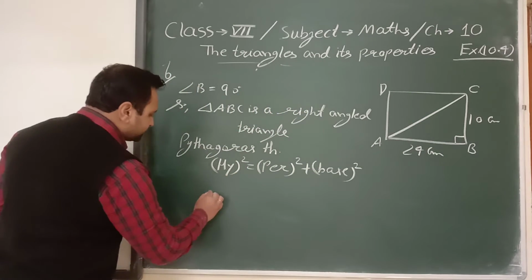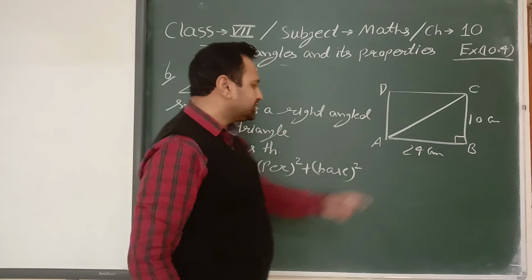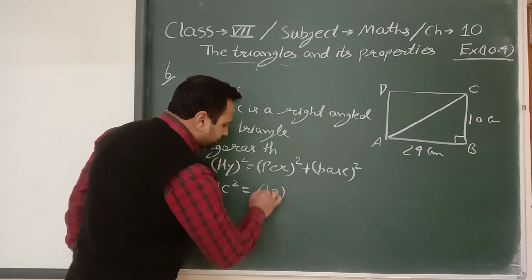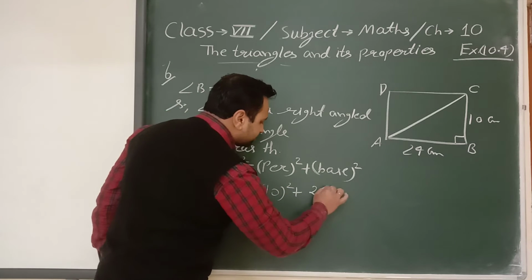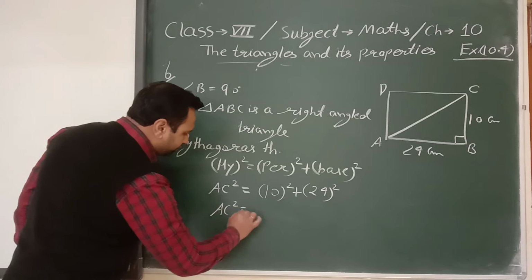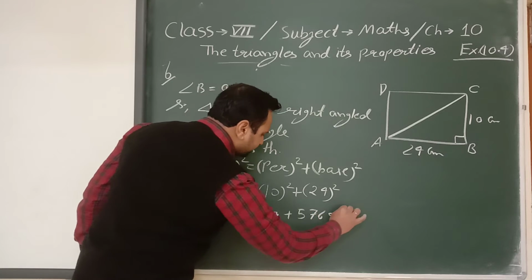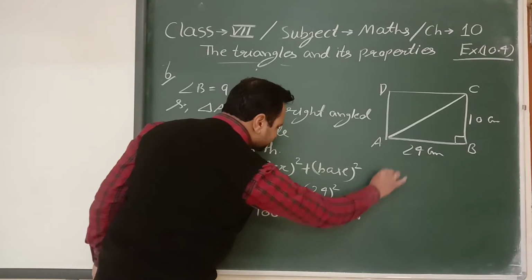So hypotenuse is AC, so AC square is equal to the value of perpendicular is 10 centimeter, and the value of base is 24 centimeter. AC square is equal to 100 plus 576, and their sum is 676.